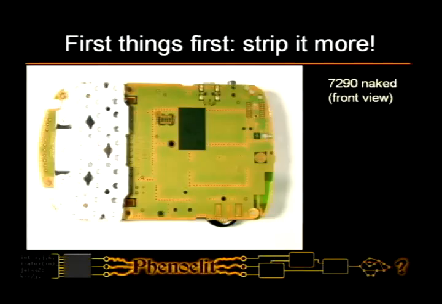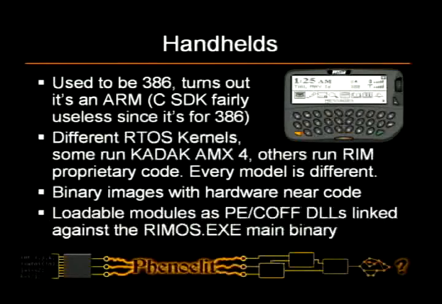When you turn the thing around, that's the front view. That's not very interesting. So as I said, it turns out to be ARM. It runs different real-time operating systems, or real-time operating system kernels, I should say. For example, the 7290 runs on a KADAK AMX4 kernel, which turned out to be a surprise even to some people from RIM.